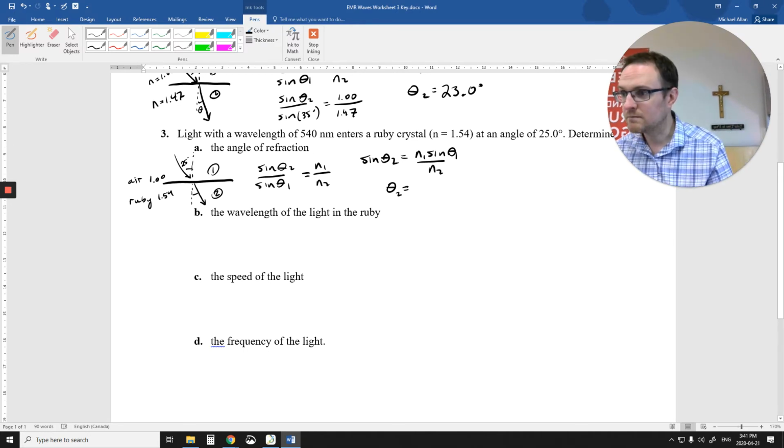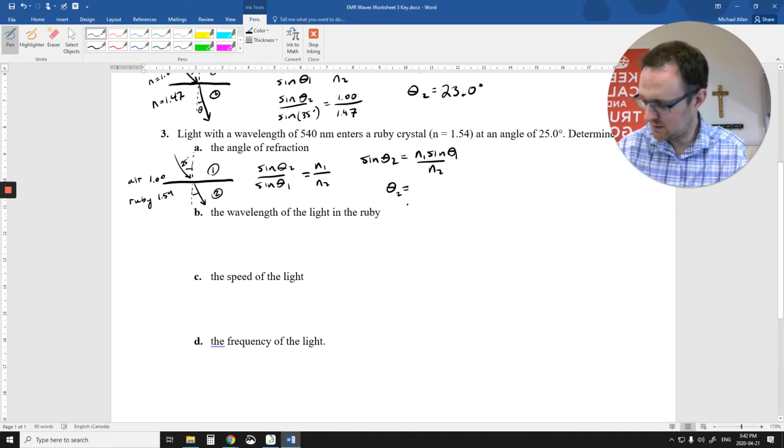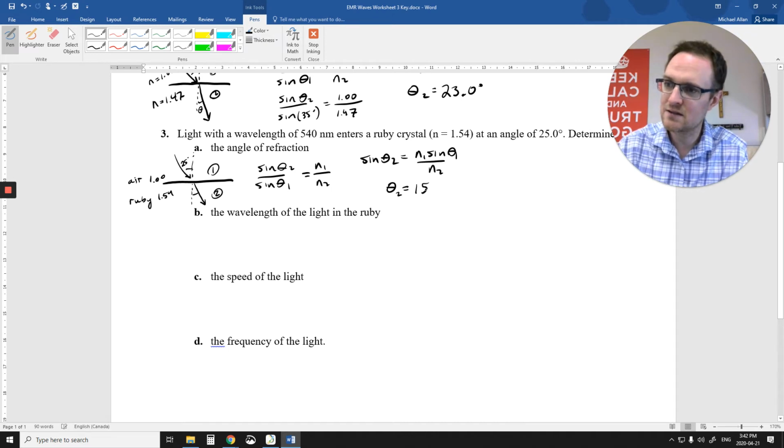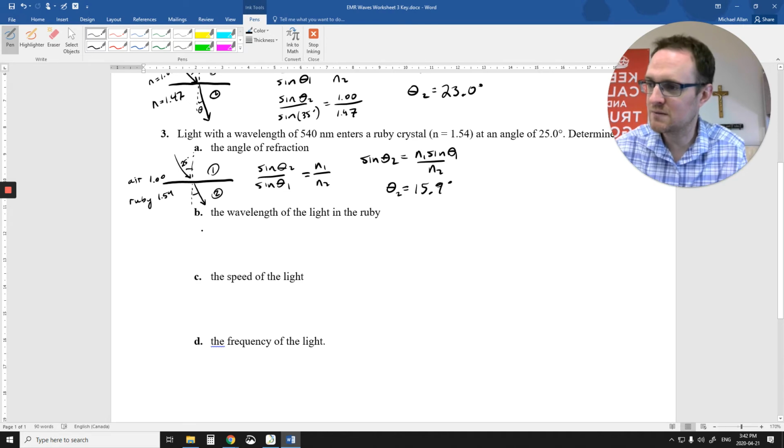So n1, which we decided was air, times sine 25, divided by 1.54. Take the sine inverse, and we get 15.9 degrees. I had to shortcut that a bit because I'm running out of space.